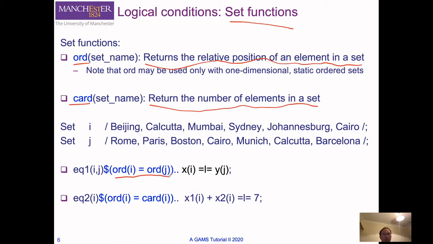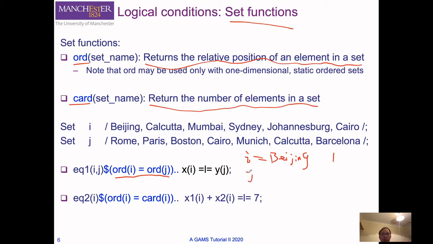That means if the relative position of an element in set I is equal to the relative position of an element in set J, then we have this constraint. Otherwise, this constraint will not be imposed. For instance, if I is equal to Beijing, then the relative position of the element Beijing is equal to 1, right?